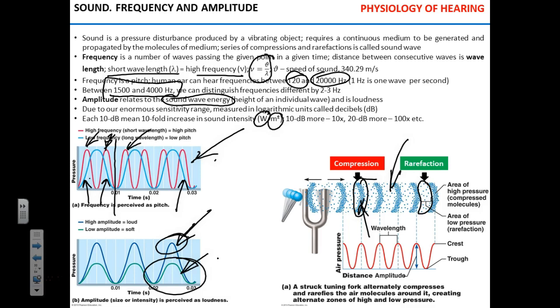We go 20 decibel more, the sound becomes, listen closely, 100 times louder. We go 30 decibel more, the sound becomes 1,000 times louder. Do you see the pattern? Every time you add 10 decibel, you have to multiply the loudness by 10.